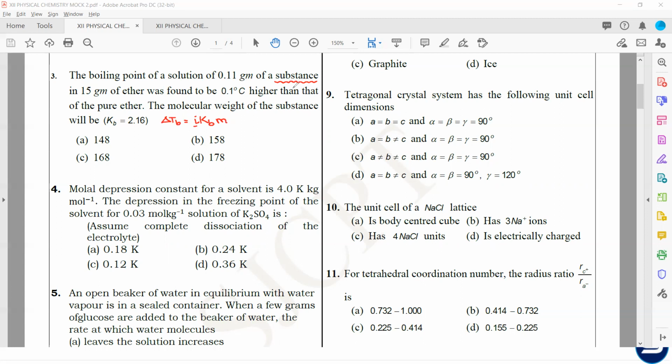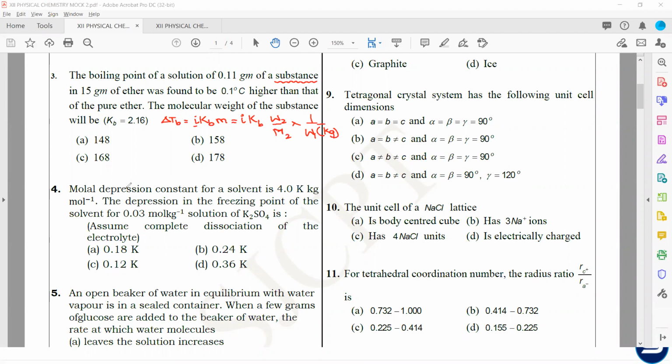If the substance is an electrolyte, the i value becomes very important in the formula. Based on the formula, you can find the molecular weight by using the definition of molality. Molality is the given mass upon the molar mass divided by the weight of the solvent in kilogram. Substitute the values and you get the answer.